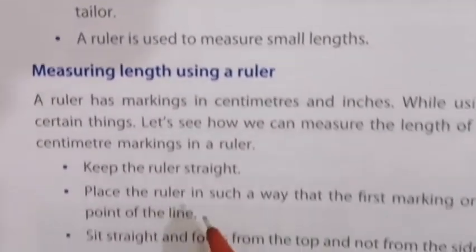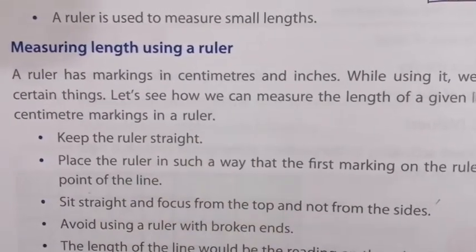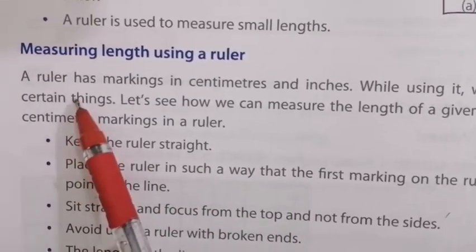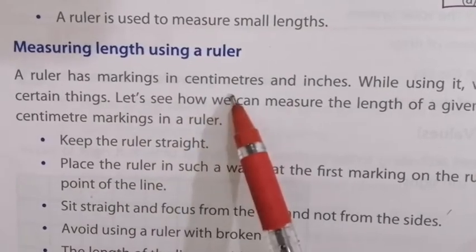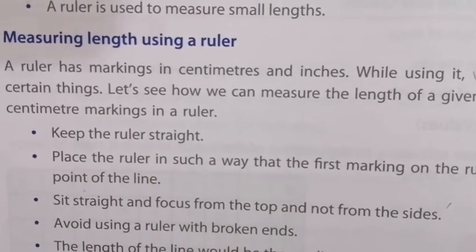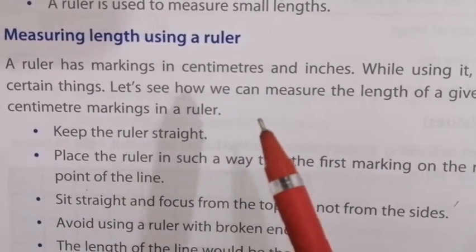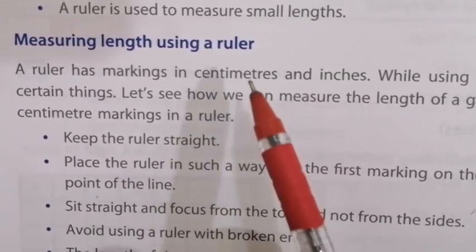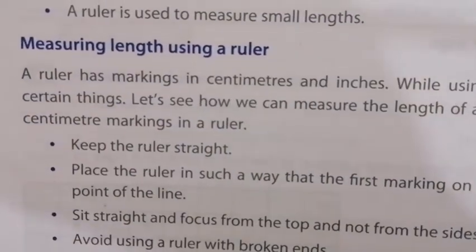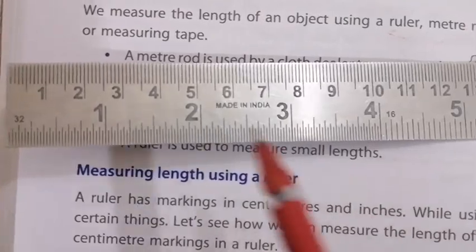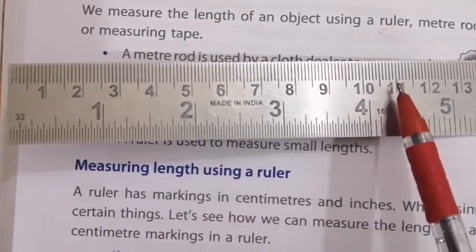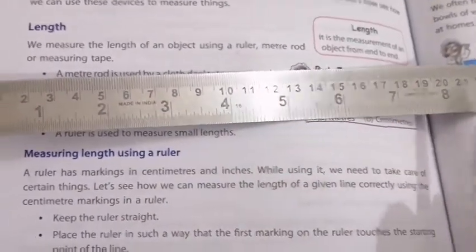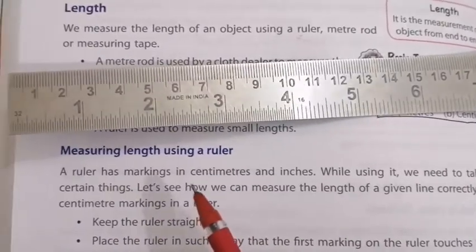Okay. Now we are going to see about measuring length using a ruler. So a ruler has markings in centimeter and inches, isn't it? When you take a scale, you can see the markings are in centimeter and inches. Now see children, you can see a ruler here. It is a ruler which is 30 centimeter long, okay?